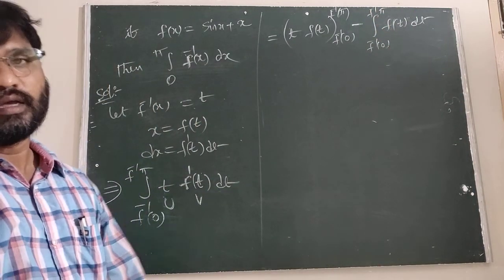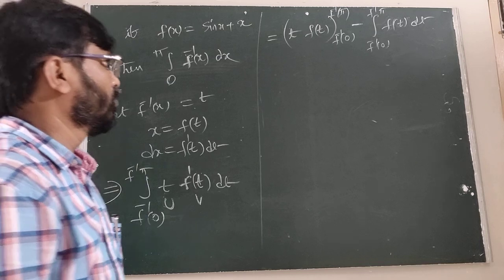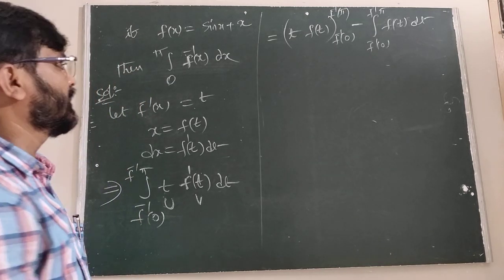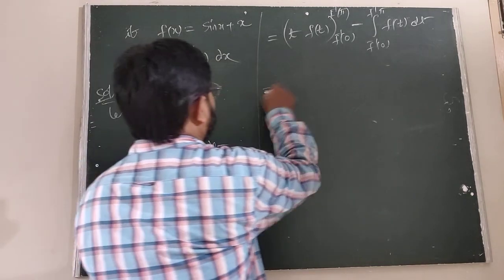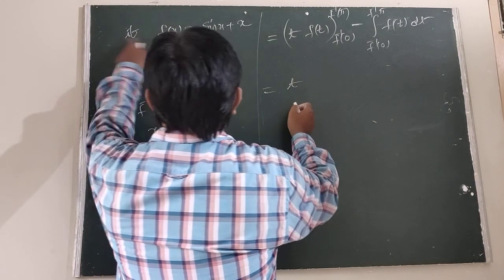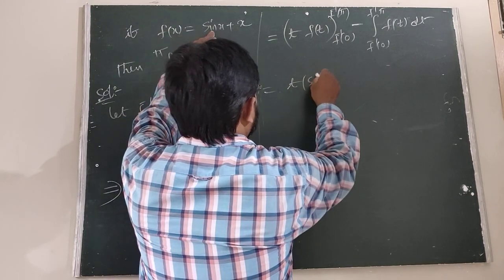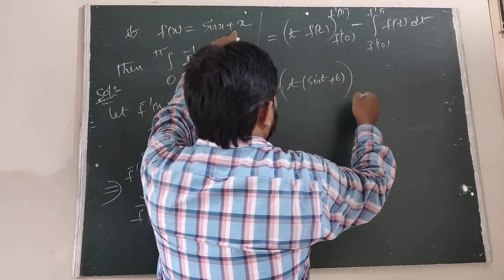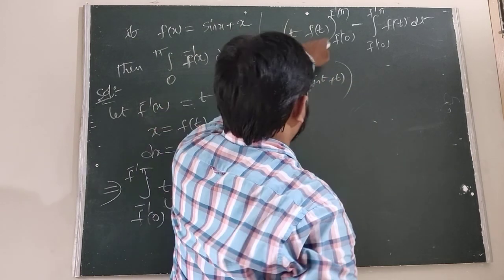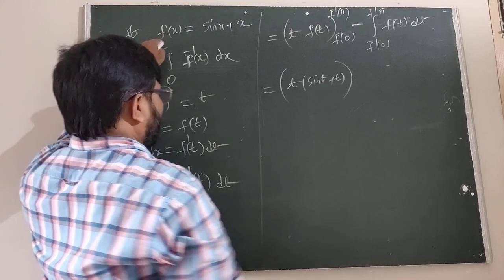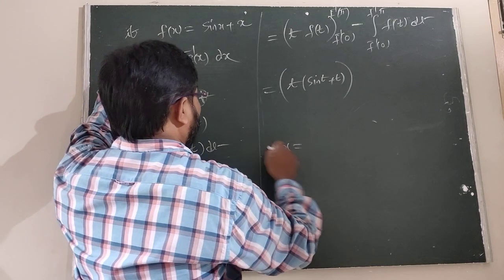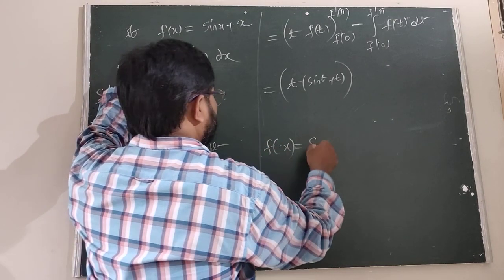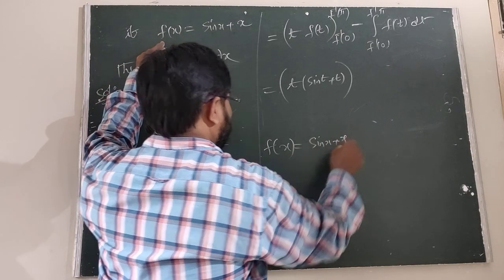So here, all of you listen: what are the limits? f of t is sin t plus t. f of x is given by sin x plus x.